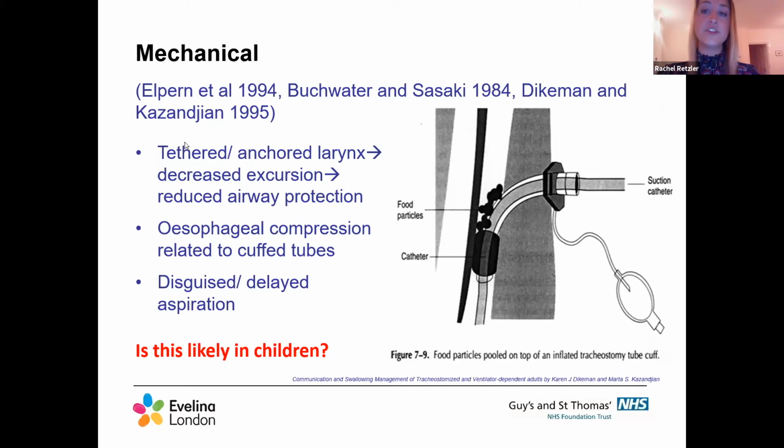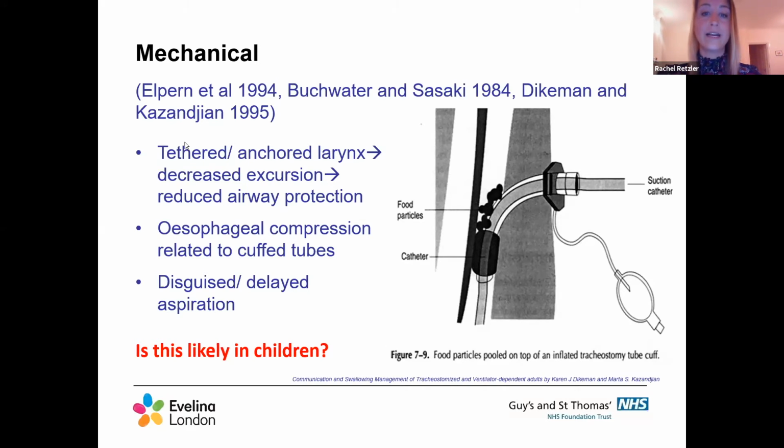As you can see in the image here, aspirated material is pooling on top of the inflated cuff. It's labeled food particles. When the cuff is eventually deflated, however, one can attempt to remove the material by tracheal suctioning. However, difficulties can arise when aspiration occurs, such as during a meal, when both saliva and aspirated food boluses may enter the airway, as cuffs are not designed to prevent larger volumes of aspiration.